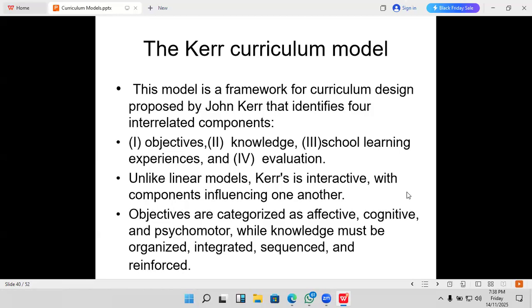That is a development. While knowledge must be organized, he says, integrated, sequenced, and reinforced. That is one very important development that we can get from the curriculum model.